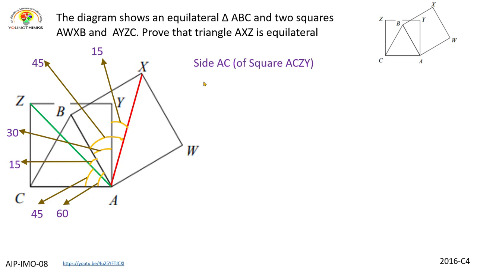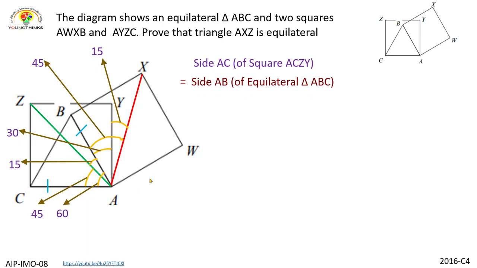Now, if you look at the side AC of this square, it is actually equal to side AB. This side is equal to that side because both the squares are having the same side length, just shared with the equilateral triangle.